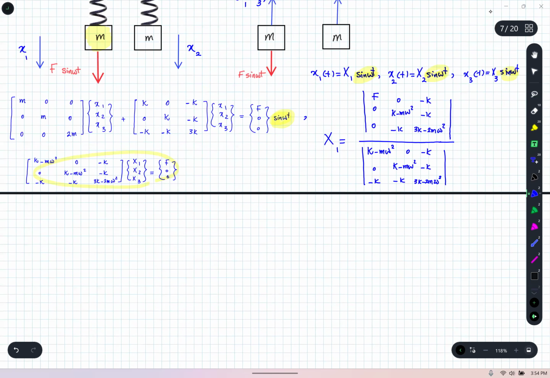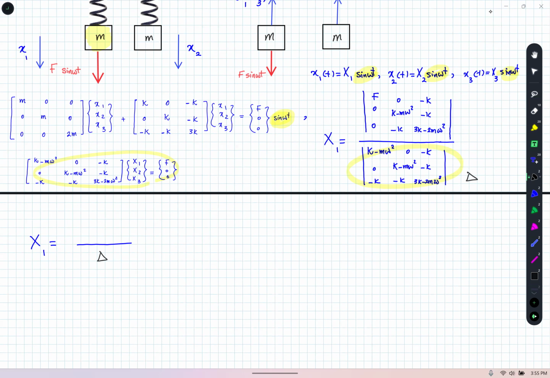So this x1, I can rewrite it one more time. I'm just going to call the entire thing here delta because it has too many things to write and I don't wish to write it there. I need to do the multiplication here. I'm glad that we have 0 there, 0 there.